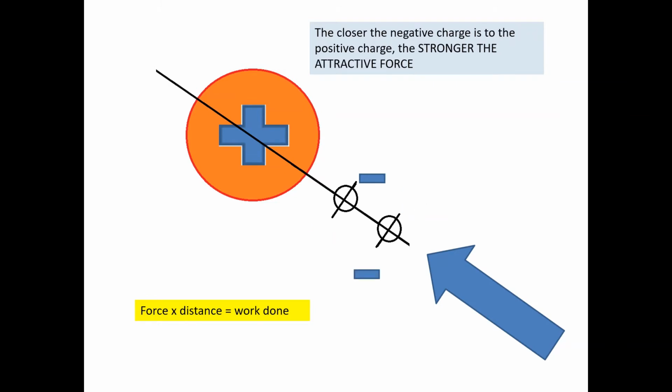It's also the same for negative. Although it is now attractive, the force between a positive and a negative still has the same magnitude. But the closer the negative charge is towards the positive charge, the stronger the attractive force.